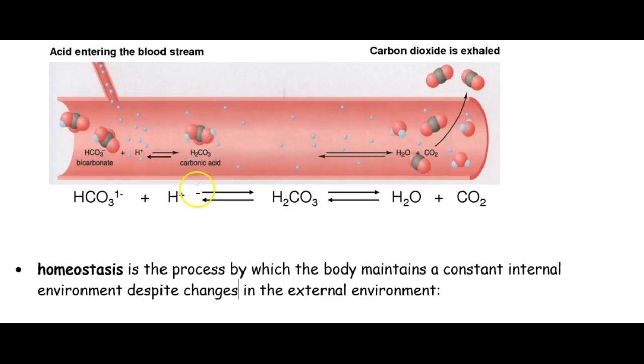Now, luckily for us, carbonic acid will dissociate, but it won't dissociate back into the acid ion. It'll dissociate to form carbon dioxide molecules, and of course our respiratory system is able to expel our carbon dioxide as waste. And so that's an example of how our blood pH is able to, generally speaking, stay within a certain range.